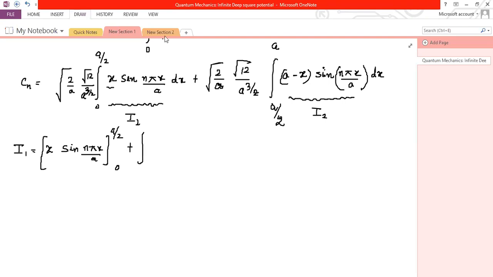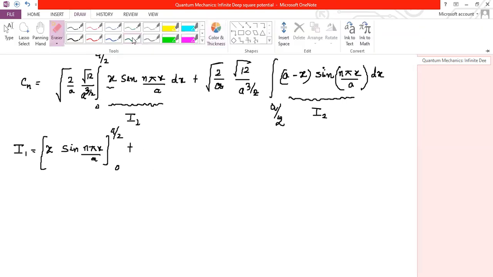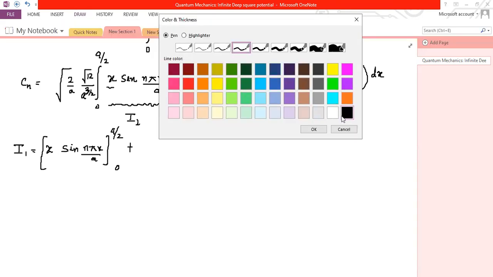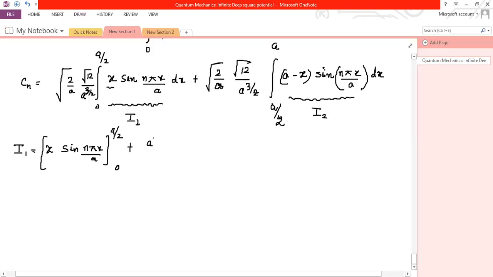So I'm directly writing it, so we'll get this as equal to a square upon n pi whole square sine n pi x upon a, from 0 to a by 2. I hope it is clear till now.